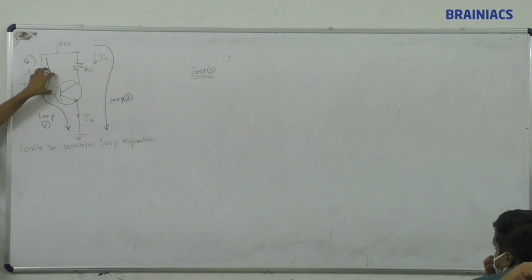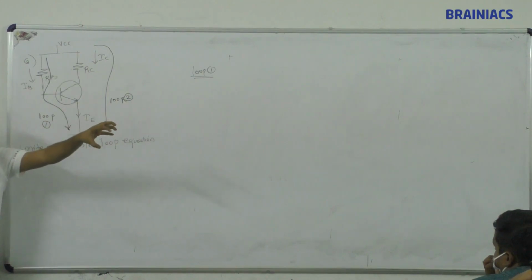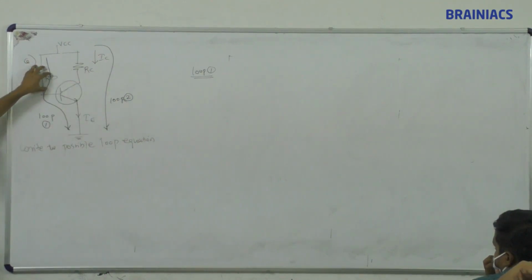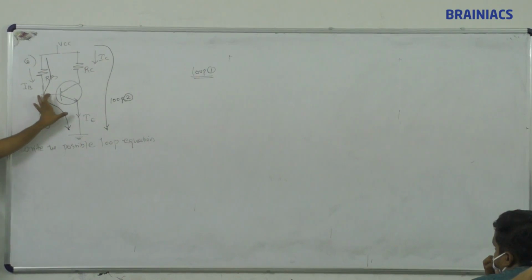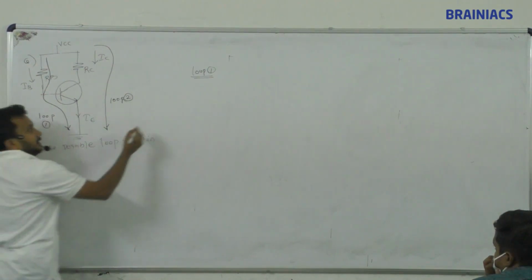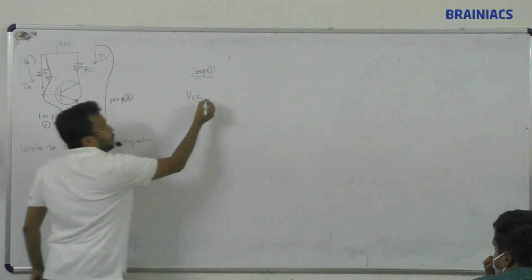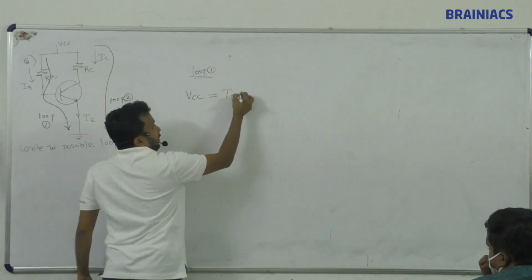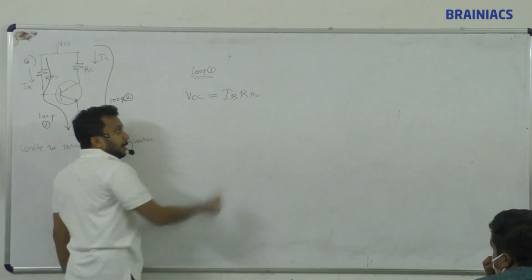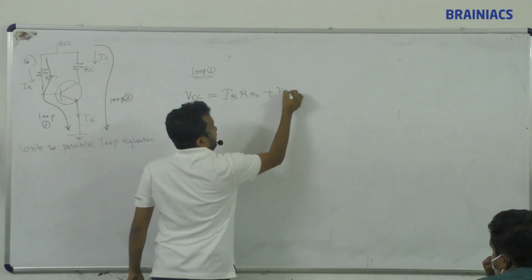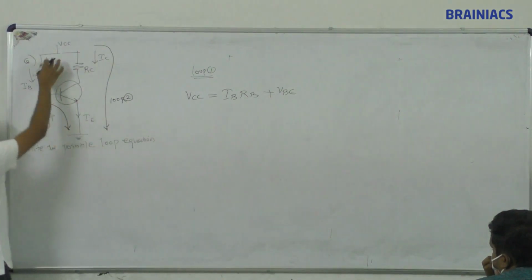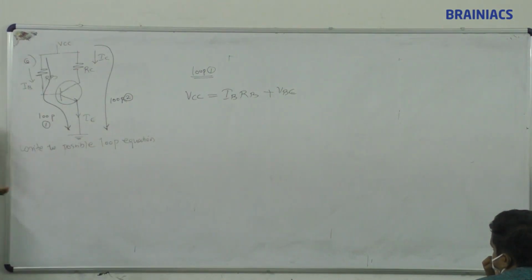So you are giving some energy from the battery, and it is used as heat energy here. Then the balance will be here also, VBE. So in one shot you can write VCC is your total energy you are giving, and it is used by IBRB as heat energy plus VBE. These 2 are together used by the VCC. Both are losing heat energy.